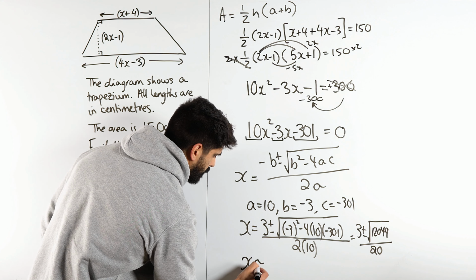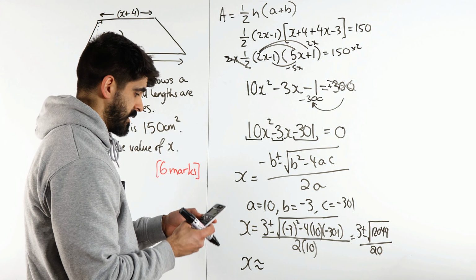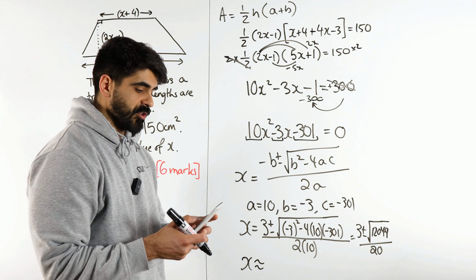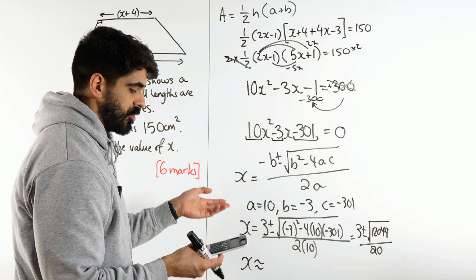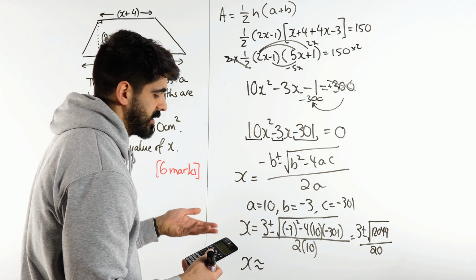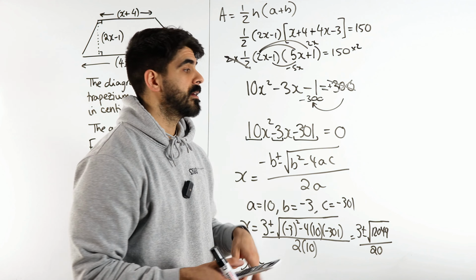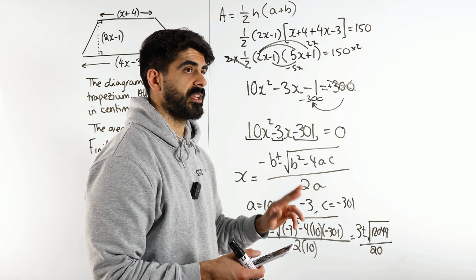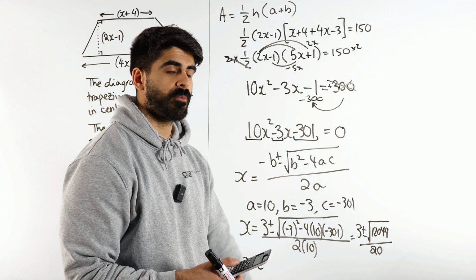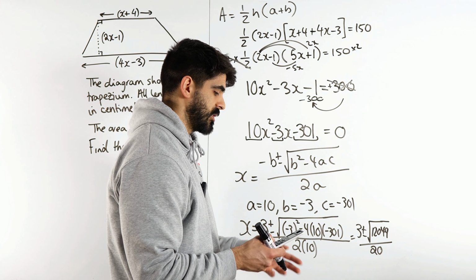X is approximately, let's do it to 3 significant figures. So what I actually do from here is I go menu A and I do my polynomial solver on this calculator, which, guys, I recommend you upgrade to. This one's the 991EX, but the more updated version is the 991CW. But the 991EX is the better calculator. It's just expired.